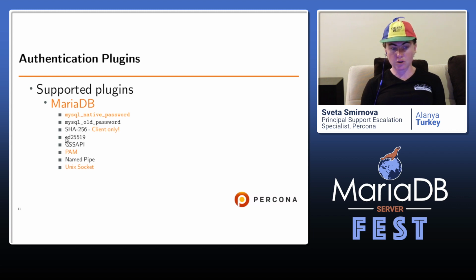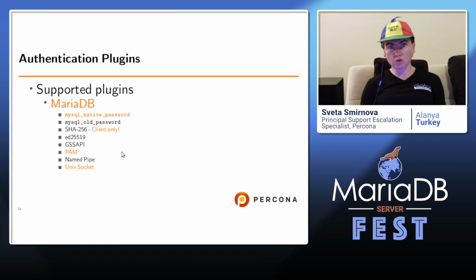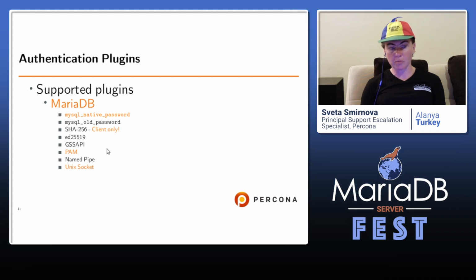Instead, it supports this plugin for secure connections, and this is for Kerberos. It supports the PAM plugin, which is also available: Percona Server has an open source version of the PAM plugin, and MySQL has a commercial version. MariaDB also supports named pipe and Unix socket, so you can connect from Unix sockets on Linux.